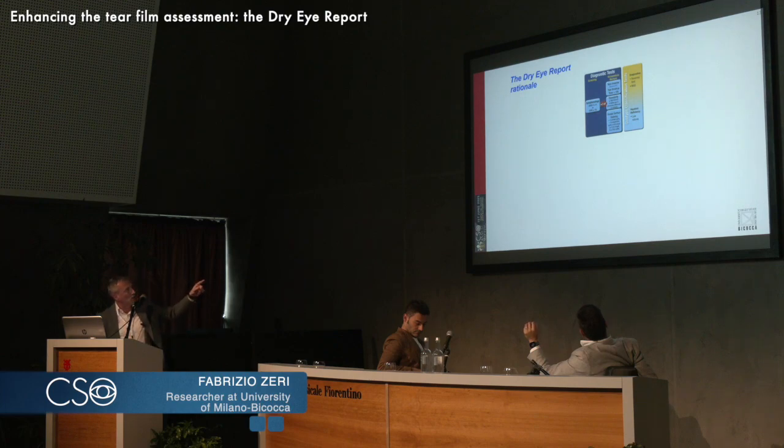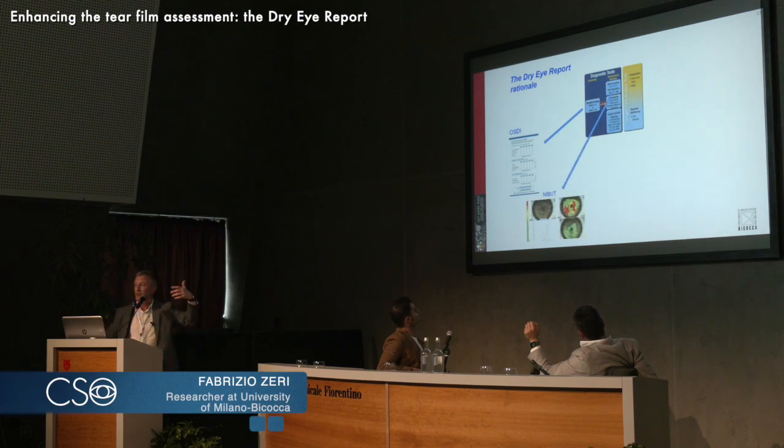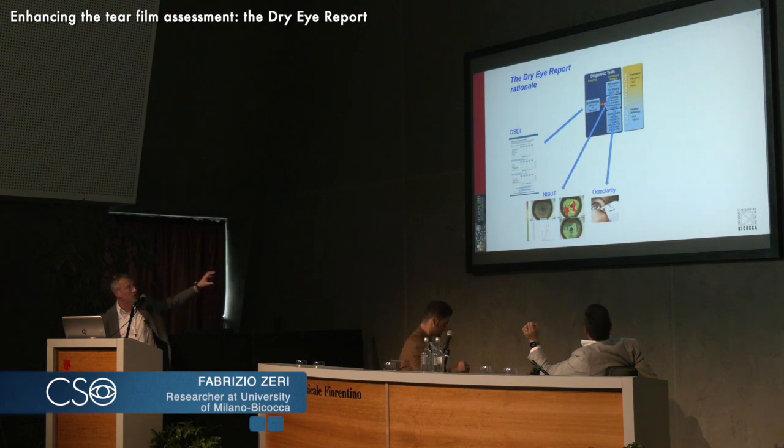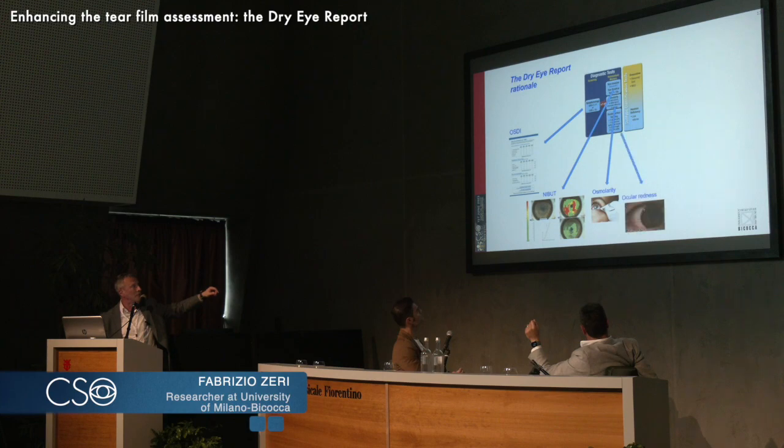If we look at what the Dry Eye Report does, we find that it can answer exactly to all the things that the TFOS diagnosis report suggested to do. So look at symptomatology, look at non-invasive breakup time, and in fact, it can perform it.